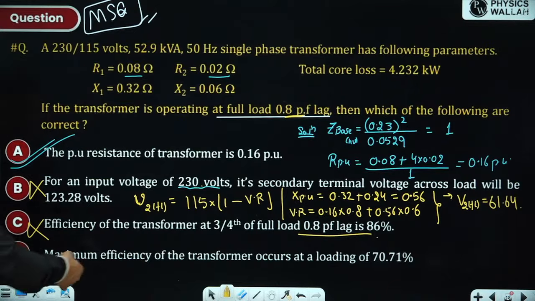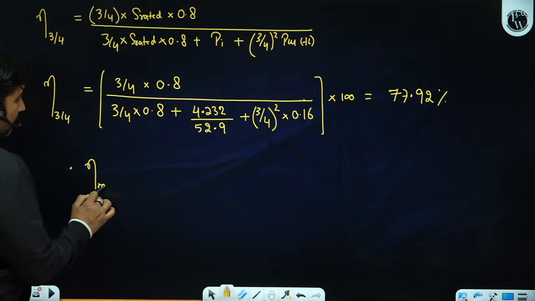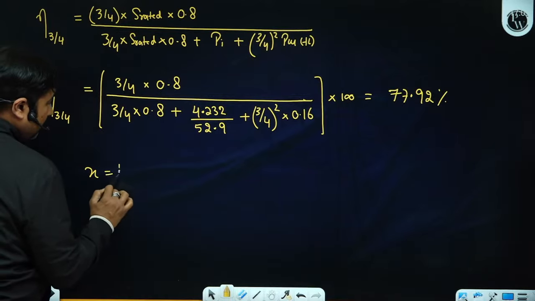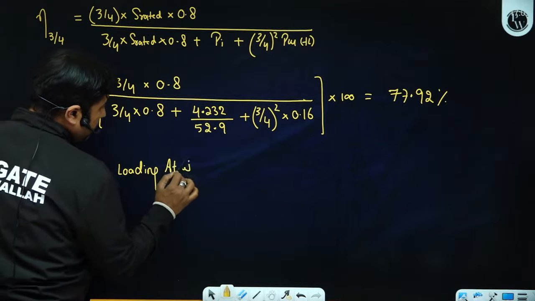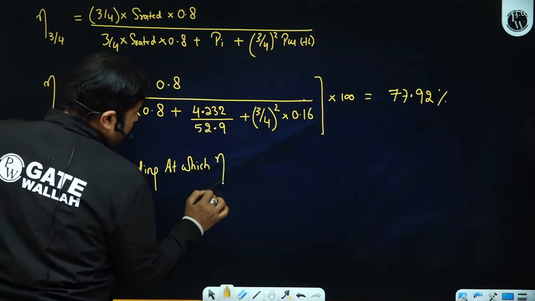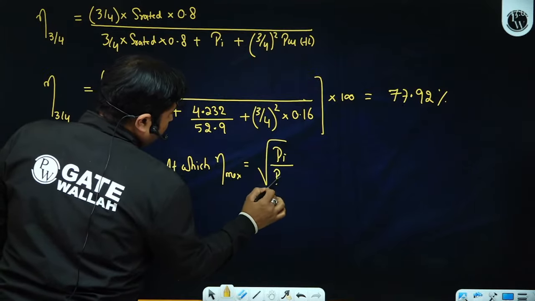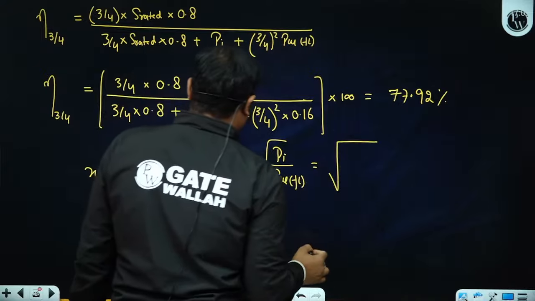Yes, maximum efficiency of transformer occurs at... When the maximum efficiency occurs, the loading at which efficiency is maximum is under root of Pi by PCU FL. You can also put directly the per unit values.